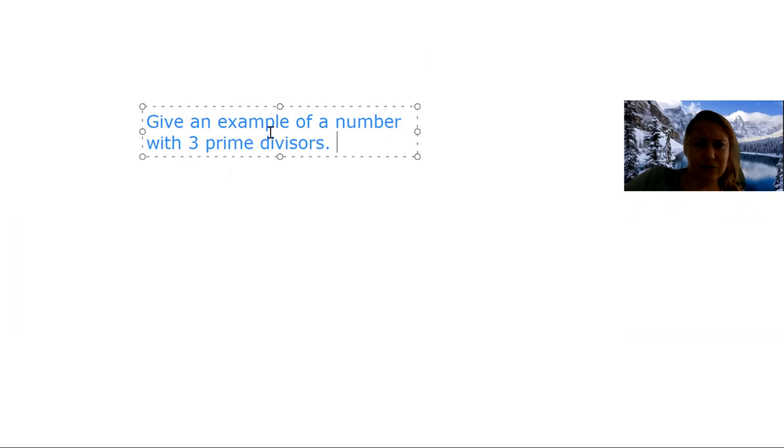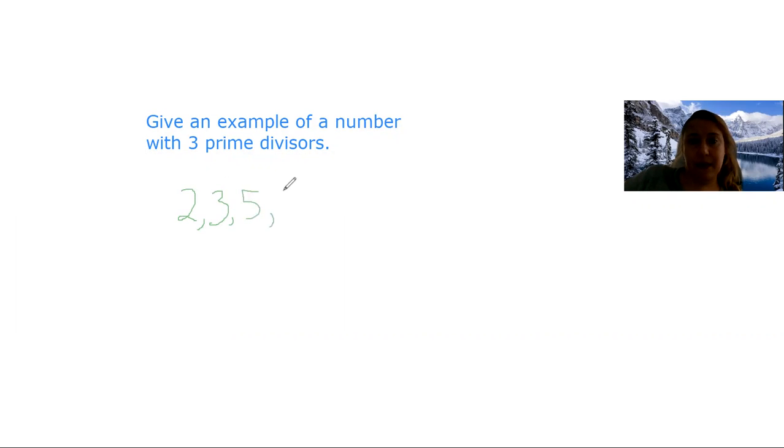We have an exercise in a minute where we're going to look at all the primes, starting with 2 and going through 100, but here's the first few. If I want a number with 3 prime divisors, I could just pick any 3 primes from this list and multiply them together.